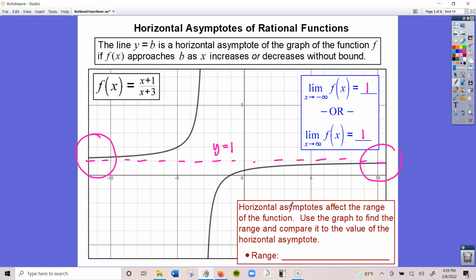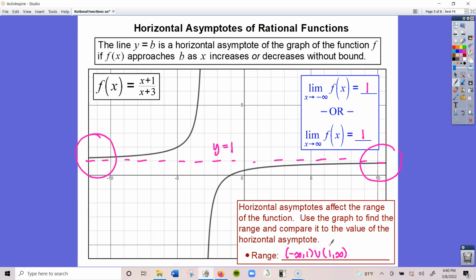Now your horizontal asymptotes affect the range of your function because that's a y value that is not going to be included. So my range here, it goes down forever, it goes up forever, but it does not touch the 1. So my range is going to be from -infinity to 1, union 1 to infinity.